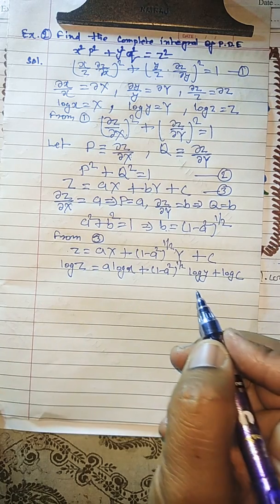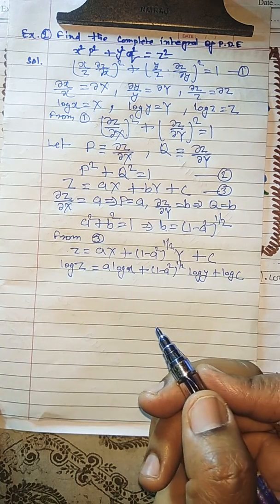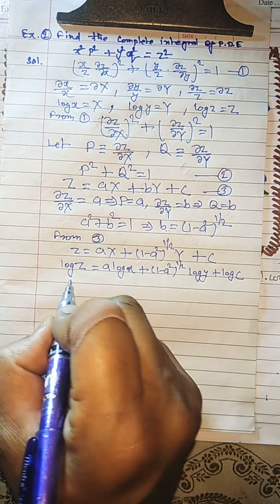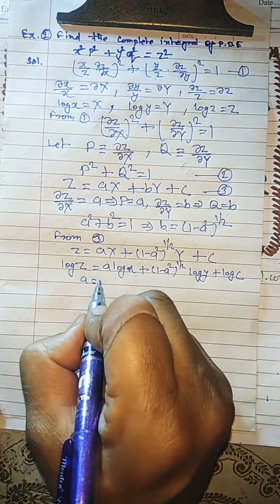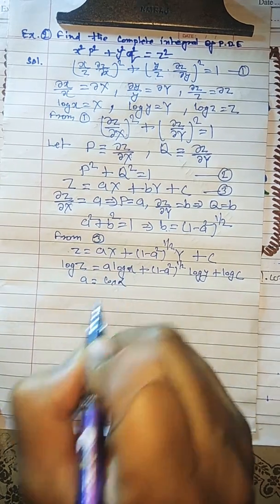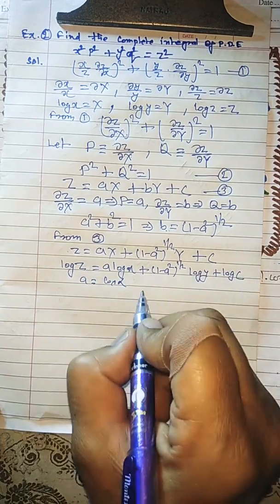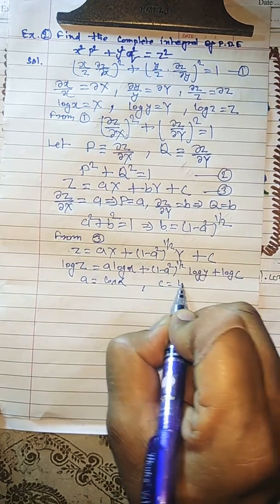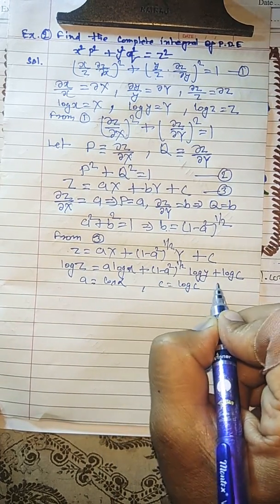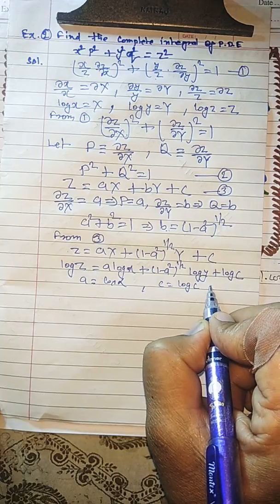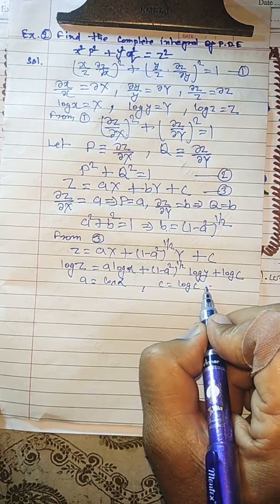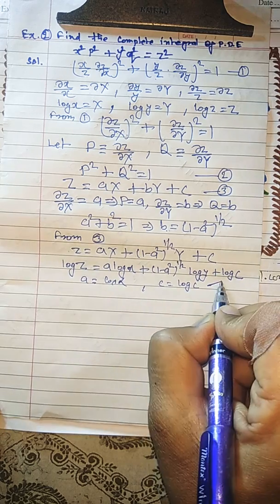We can also simplify it. Suppose we choose A equal to cos alpha and this C equal to log C, just for simplification; we can take the constant in any form.